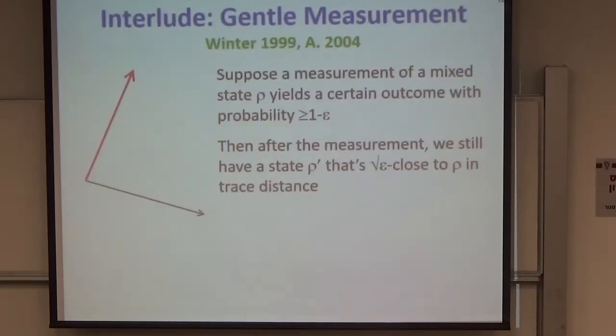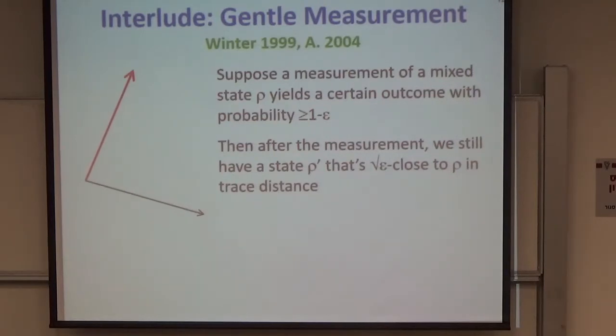To answer that question, we need a very important interlude about a key concept in quantum measurement theory called gentle measurement. This is about situations where you can measure a quantum state in a way that damages the quantum state only by very little, and which actually leaves the quantum state available for future use.